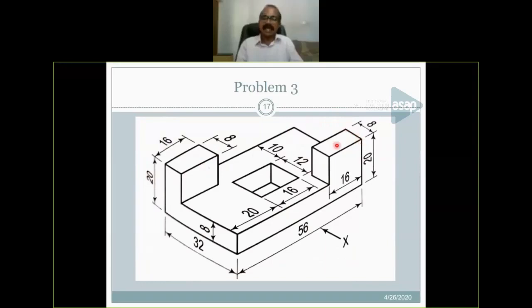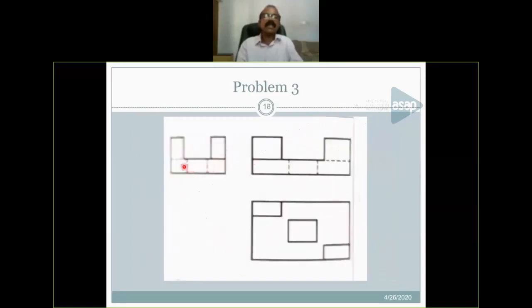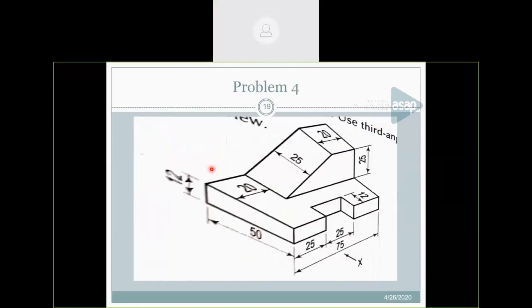Only that much we can see. See that L shape. These three rectangles we can see. The hidden lines also you have to notate. Then another problem. These are all different major problems you can expect in university examinations.